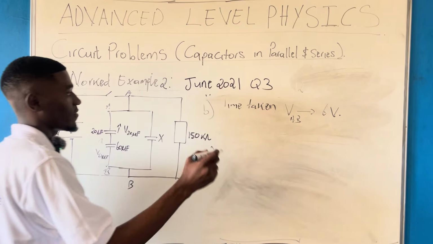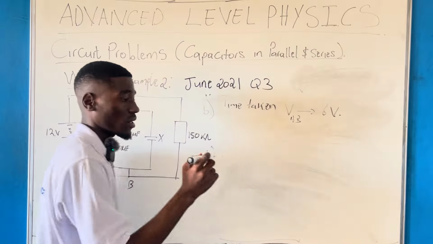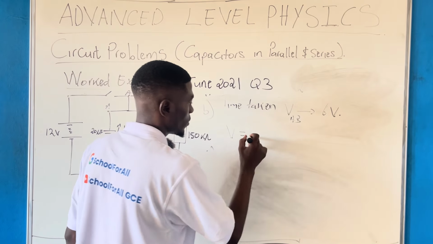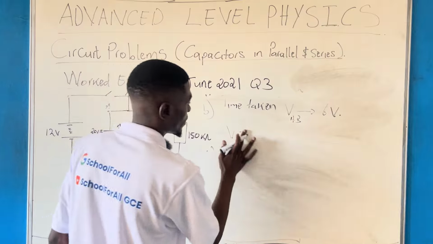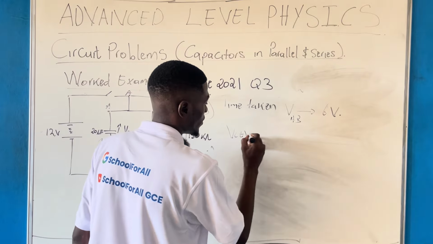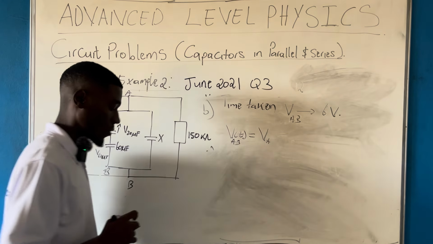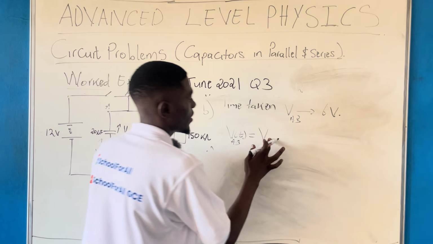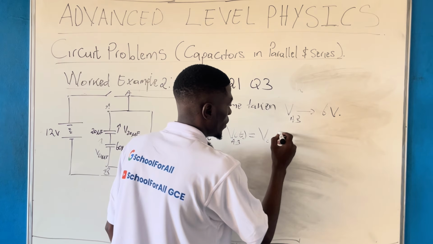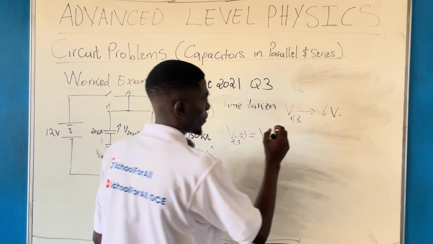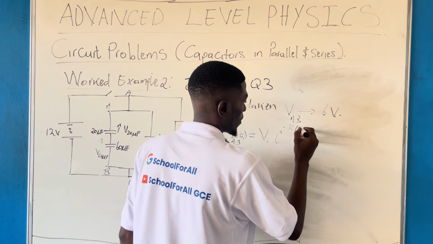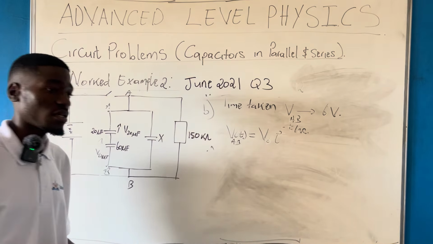And we all know from your formula booklet, the voltage for the discharge process, the voltage at time T across AB is equal to the initial voltage V0 e to the negative T over RC. It's inside the formula booklet.